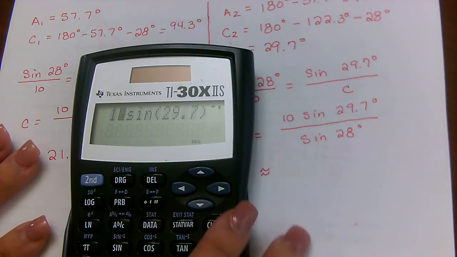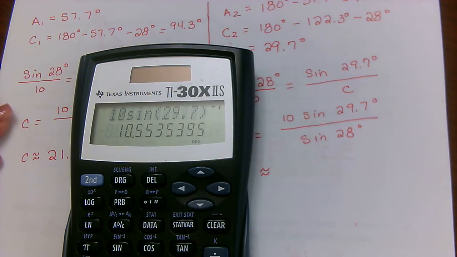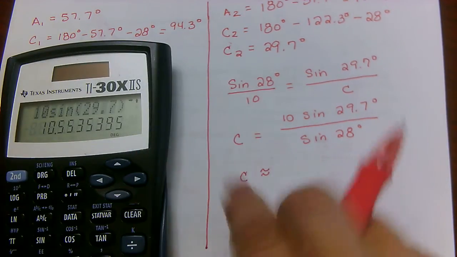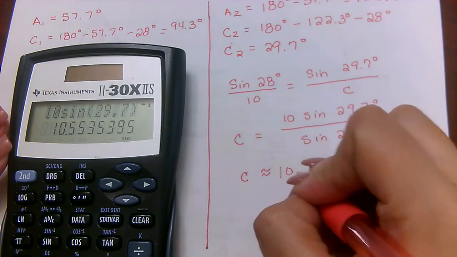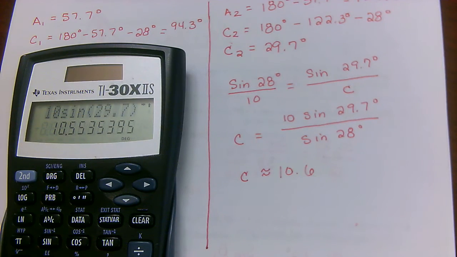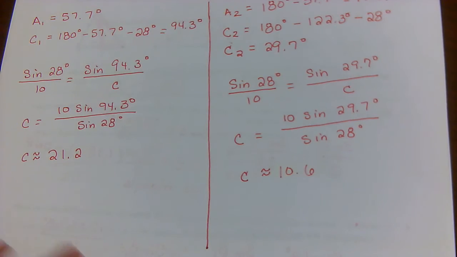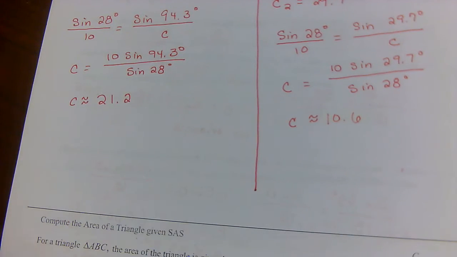Plug it into the calculator and you'll see that C is going to be approximately 10.6. So for this case we have two solutions.